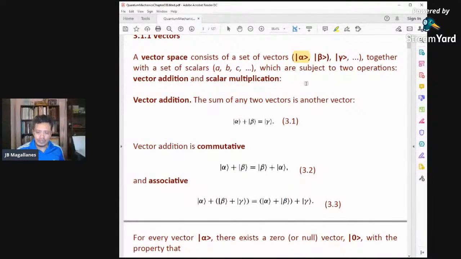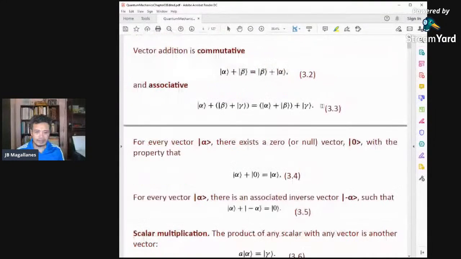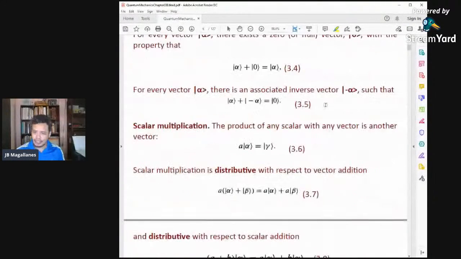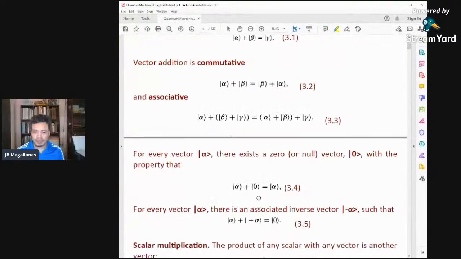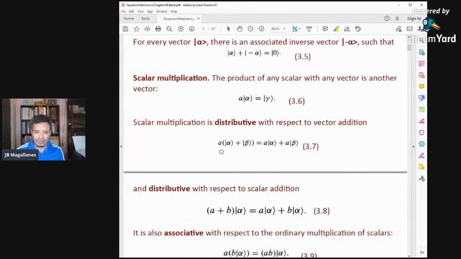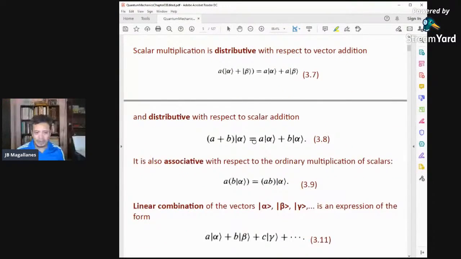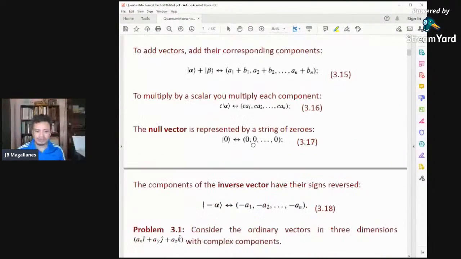These vectors have inner products, so you can get the inner product of one vector to another. So here you're just multiplying a vector by a scalar. How about multiplying a vector by another vector?